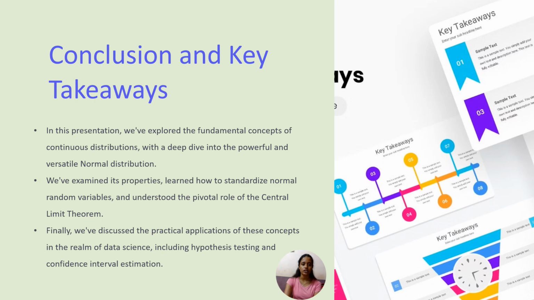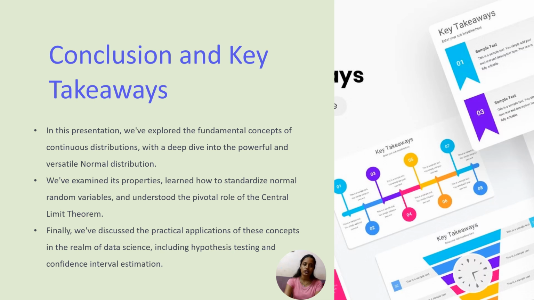So now we have come to the conclusion. Normal distribution is characterized by its bell-shaped curve, as we saw earlier, and it is central to statistics. It is used in many models for predicting natural phenomena, and it is also used in hypothesis testing. Hypothesis testing is a methodological approach to make claims about a population using sample data. We saw the confidence interval, which provides a range of values for population parameters, constructed using the sample statistics.